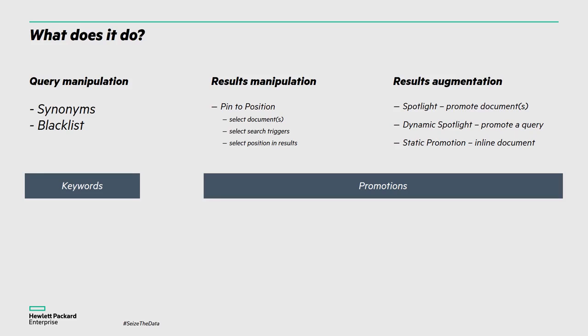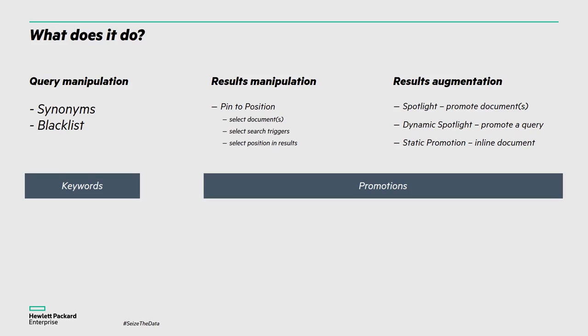So we have 3 types of results augmentation. There's the spotlight type, where you select documents from your Haven OnDemand or IDOL index and promote those by entering trigger terms for what queries they should trigger on. Then there's dynamic spotlight, where you can promote the results of a query alongside the results of another query.